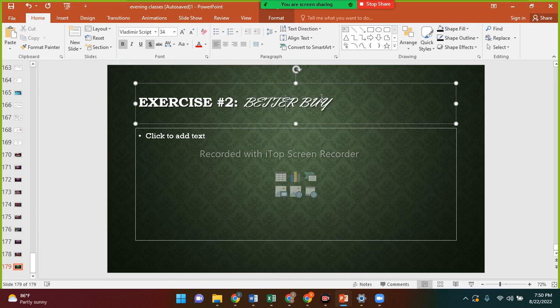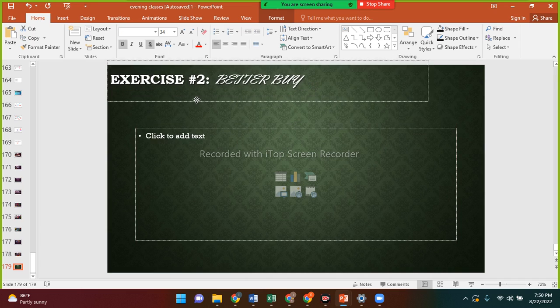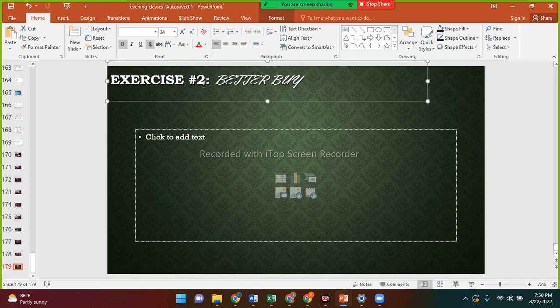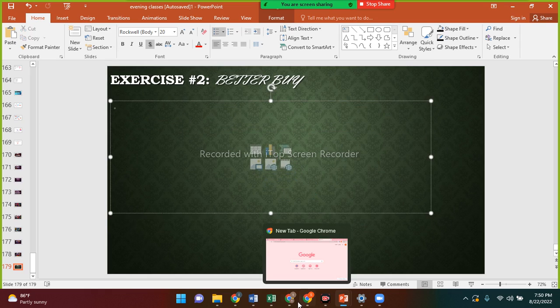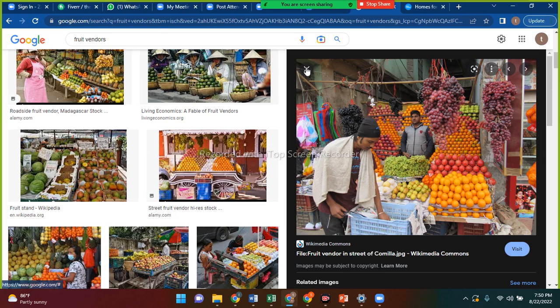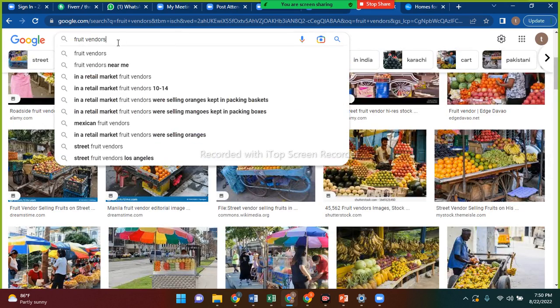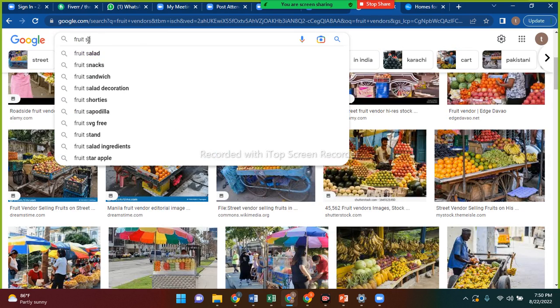Better buy. Good. Okay, so exercise number 2. Better buy. Good. Yes, we have to get our vendors. So fruit vendors, or we could say fruit stall, because I don't know if they understand what you're trying to say.